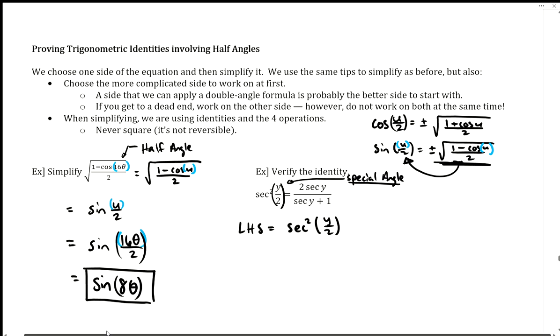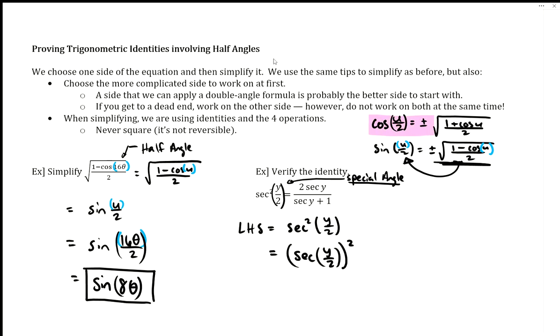Here's how I'm going to break it down. Remember that secant squared, or any trig function squared, means the whole trig function is squared, just a small rewrite. Then I see I have cosine of u over 2 written to the side. I'm highlighting this in pink. That's the cosine of u over 2. Remember, secant is the reciprocal of cosine, so we just flip those two around.